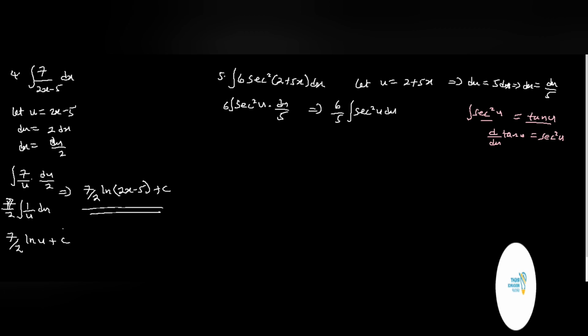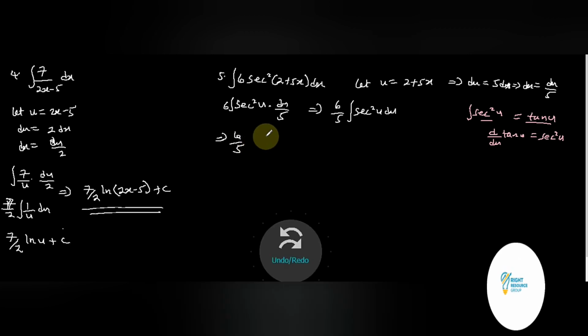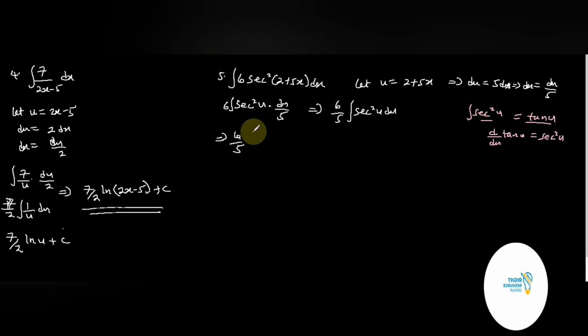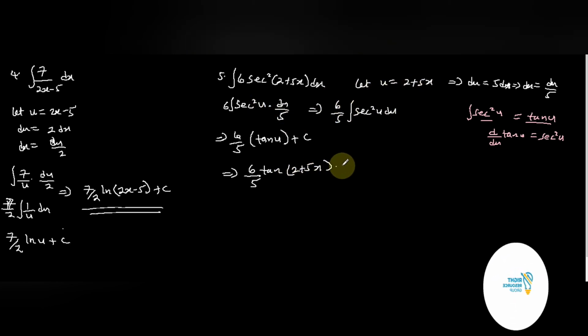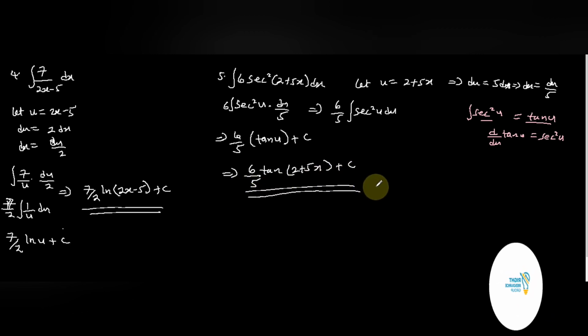Now we have this to be 6 divided by 5. Integrating this, we have tan u plus c. So this is 6 over 5, and this is tan. Instead of having u, our u was 2 plus 5x, plus c, and this is our integration.